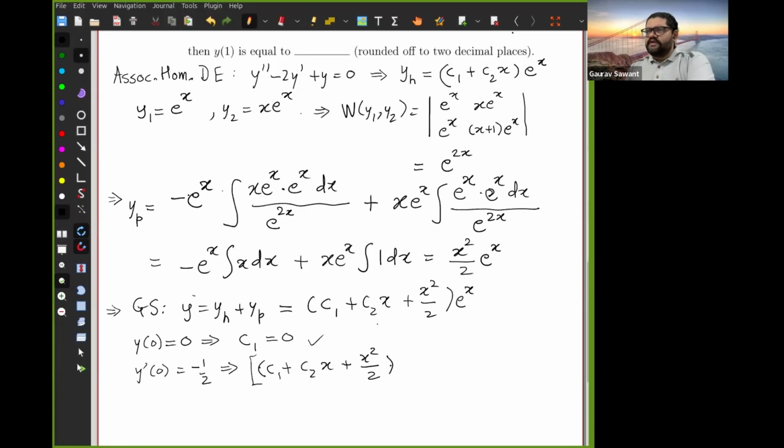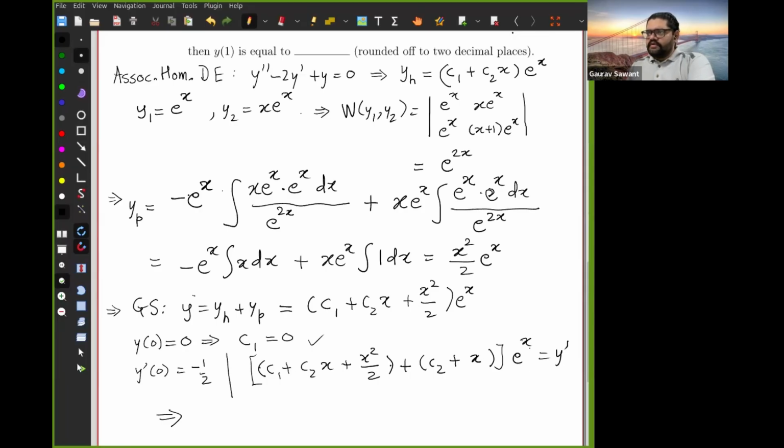So that e power x is coming out common, plus the derivative here is c2 plus x. So this is my y dash, and this entire expression on the left hand side is equal to y dash.